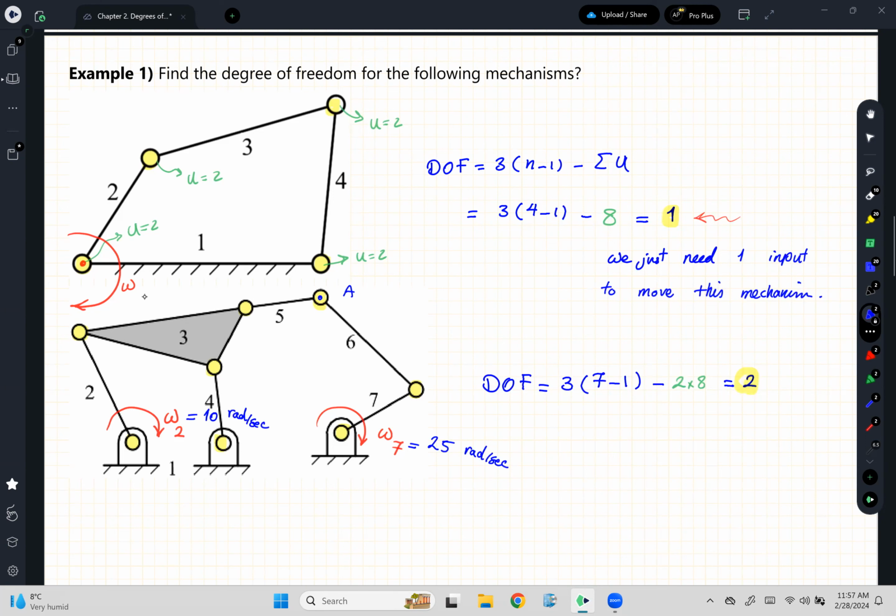We call this omega, angular velocity, but that's a topic in chapter 3, which we will get to in more detail. All right, so please stop here.